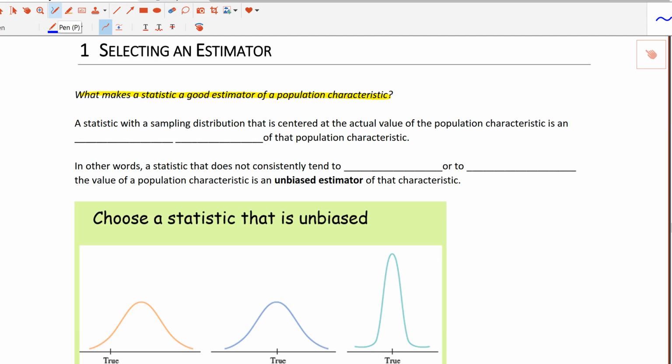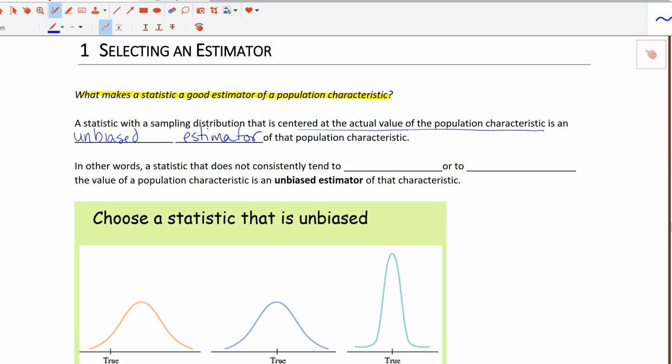And we're going to talk about what it means to be an unbiased estimator. A statistic with a sampling distribution that is centered at the actual value of the population characteristic is what we call an unbiased estimator.